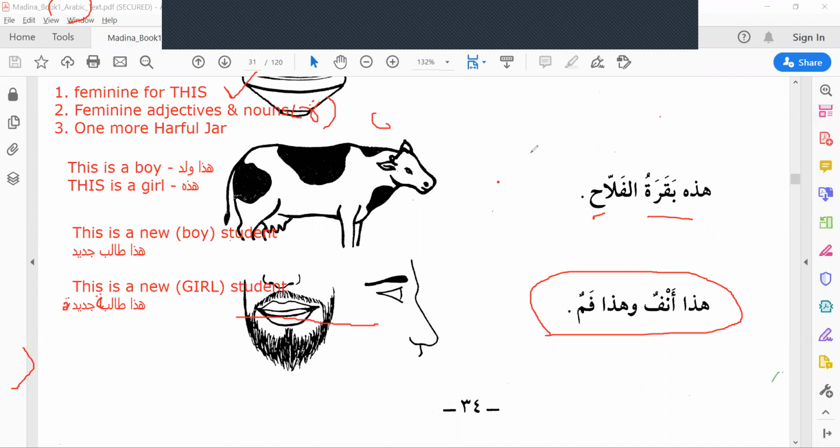Then comes the single. Nose: how many noses do we have? One nose. Those that are single, we refer to as masculine. Mouth: only one, so it is a masculine word. Head is not a pair, so it is masculine.